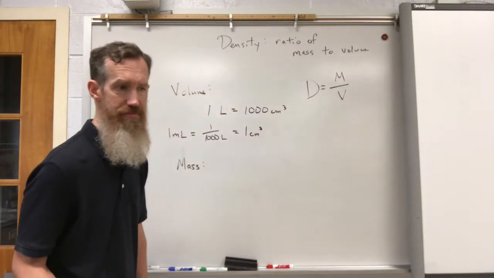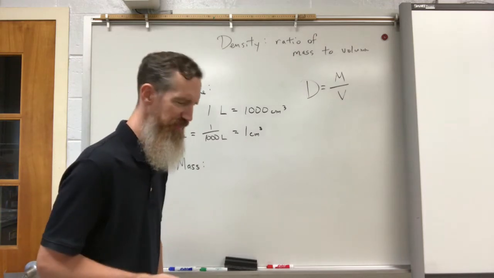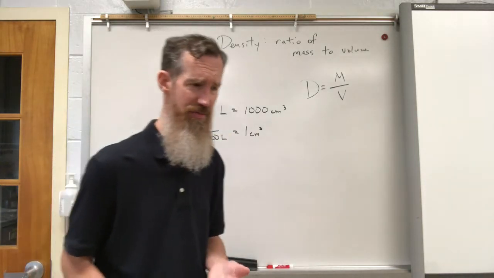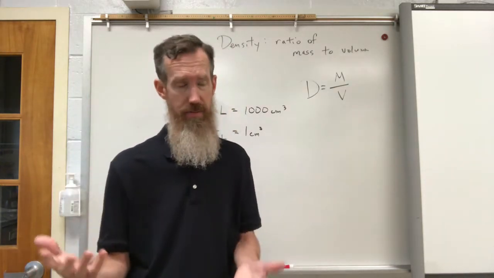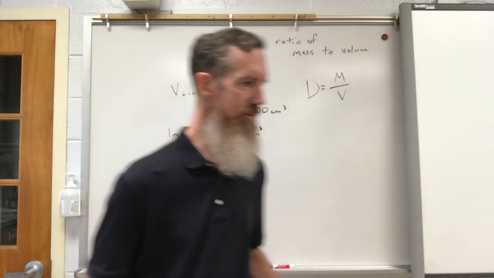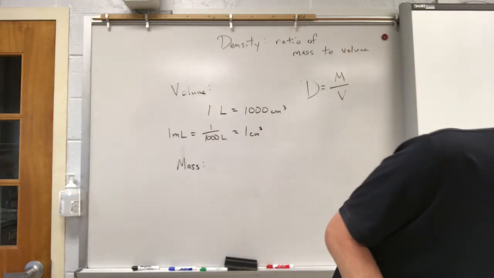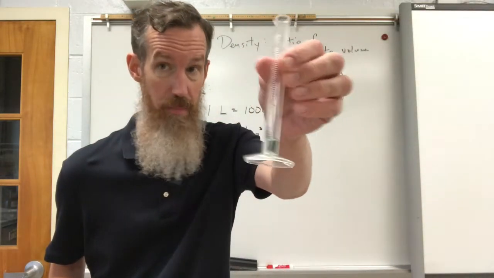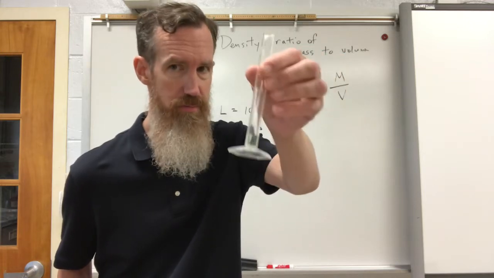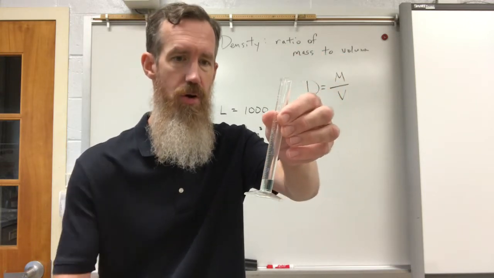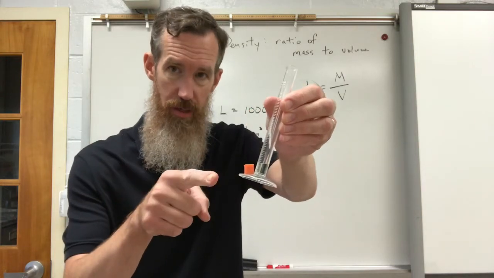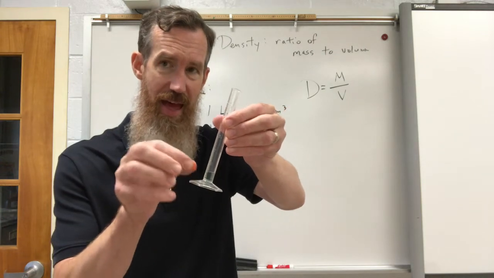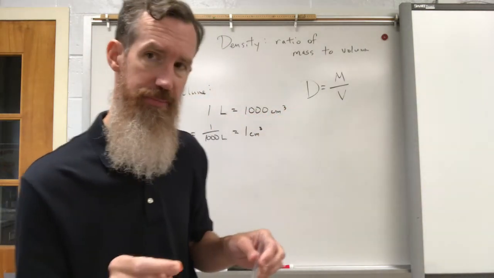Now, mass, well, this gets a little wild. Mass, we generally use in this class grams. There are all different kinds of versions of mass, but we generally use grams or kilograms. Well, back in the day, a milliliter of water, or a cubic centimeter of water, specifically water, if we were to put that in a little box and put it on a scale, that is 1 gram of water.